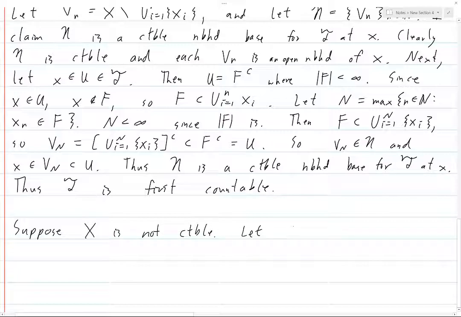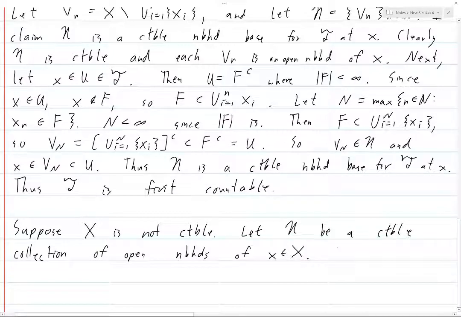Let N be a countable collection of open neighborhoods of X, where X is just some element of X. And again, we're going to write N as the collection of Vn's, where n is a natural number.